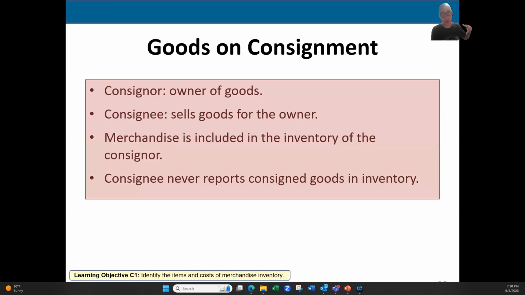The consignee never tells me what goods I have in inventory. That's my responsibility. That's how a consignment shop works. When I sell it at the consignment shop, they take a small piece because I used their store to sell it.